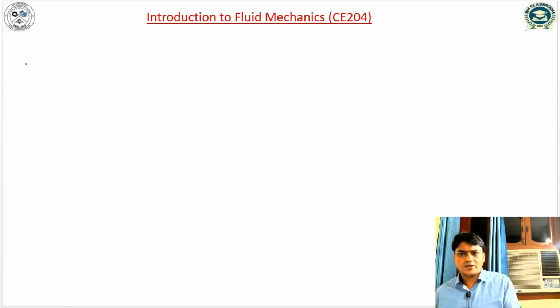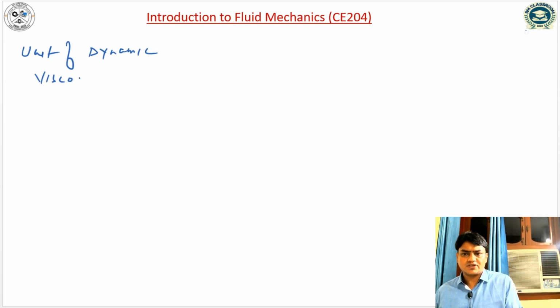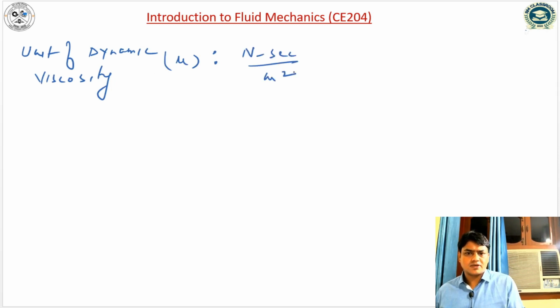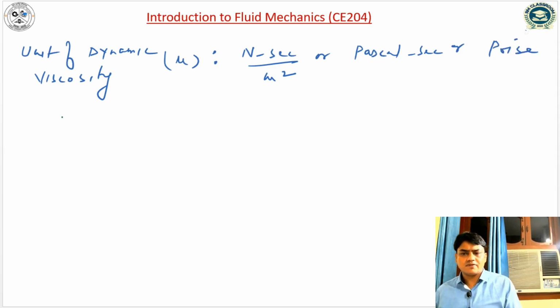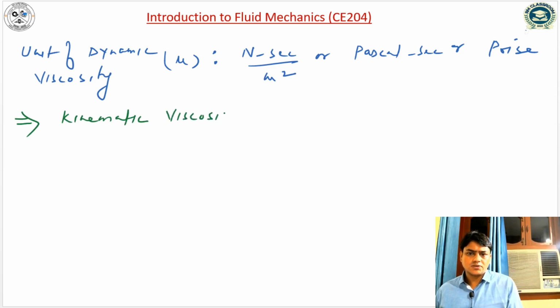So here I have written the unit of dynamic viscosity mu, that is Newton second per meter square or Pascal second or poise. Similarly, the other viscosity is called kinematic viscosity, denoted by nu.